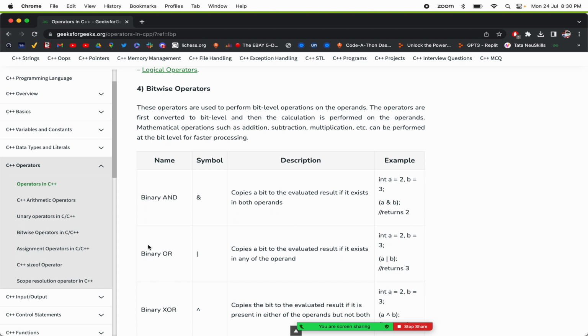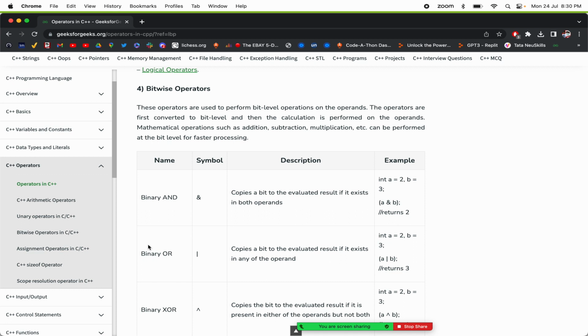Over here with bitwise operations, you are giving it bit level values and just using a bitwise operator, so that conversion part that was there in between is now skipped.